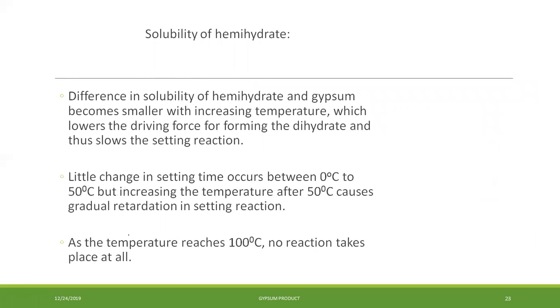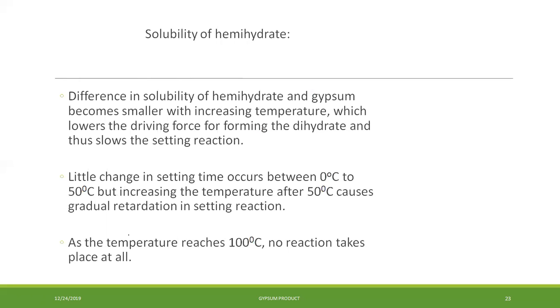The solubility of hemihydrate is very, very important. The difference in solubility of hemihydrate and gypsum becomes smaller with increased temperature, which lowers the driving force for forming the dihydrate, thus slowing the setting reaction. We all know that if there is an increase in temperature, there is a decrease in setting time.